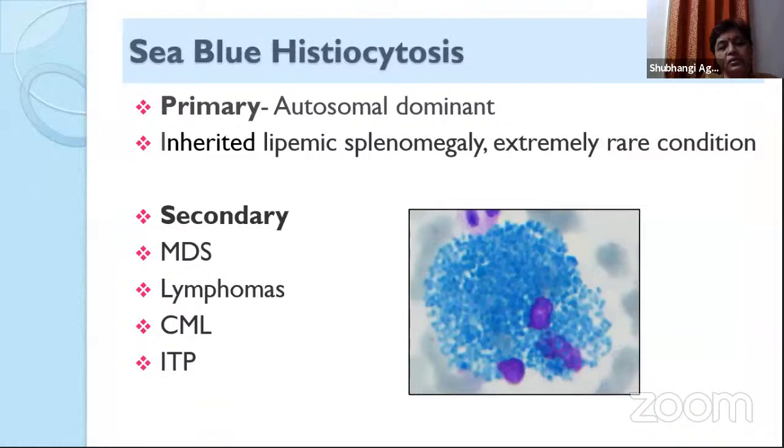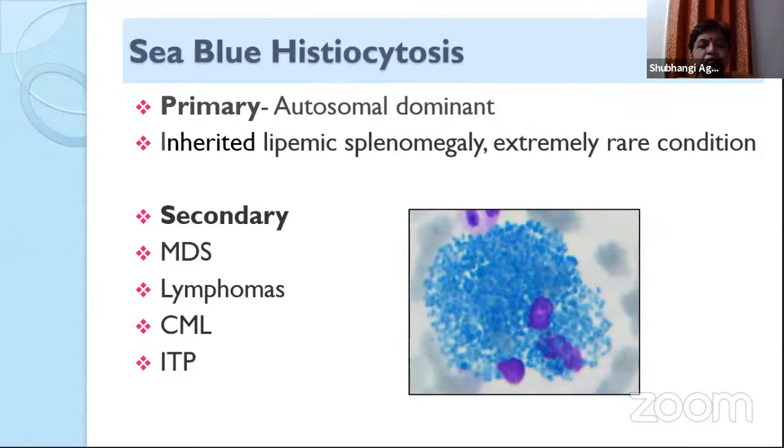Coming to the last condition of this talk, sea blue histiocytosis, which is a very rare condition. It can be primary or secondary. The primary is autosomal dominant and it is inherited as a lipemic splenomegaly, which is extremely rare.